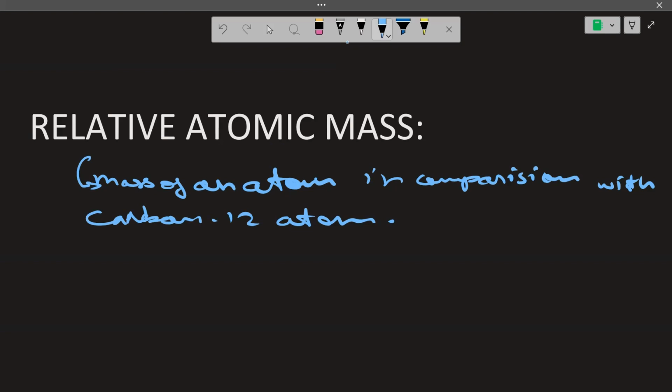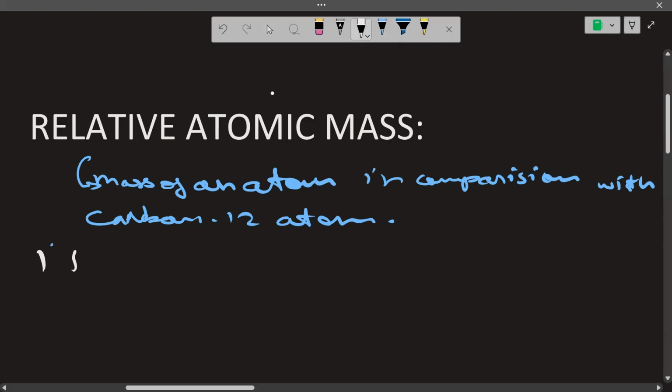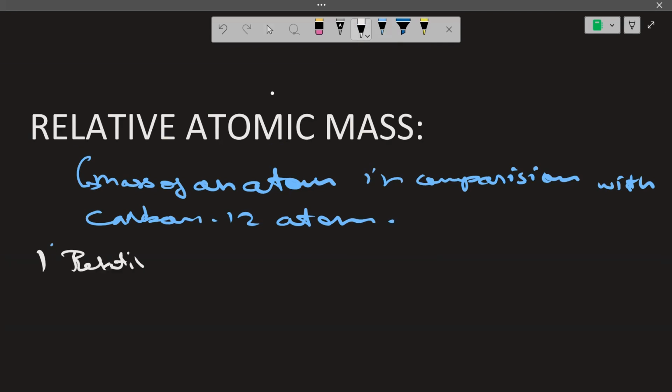So what's the relative molecular mass? This is the relative atomic mass, and this is the relative molecular mass. So what is relative molecular mass? It is the sum of AR, which means the atomic mass. Its symbol is AR.